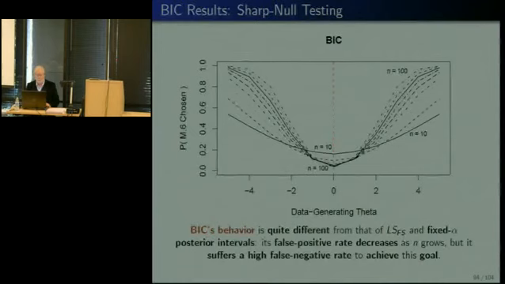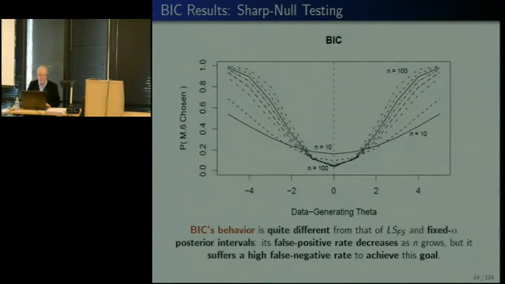And so to do that, its behavior is quite different from that of full sample log scores with point null hypotheses and fixed alpha posterior intervals. Its false positive rate does decrease as n grows, but it suffers a high false negative rate to achieve this goal. So once again, you can't say one method is better than another uniformly.